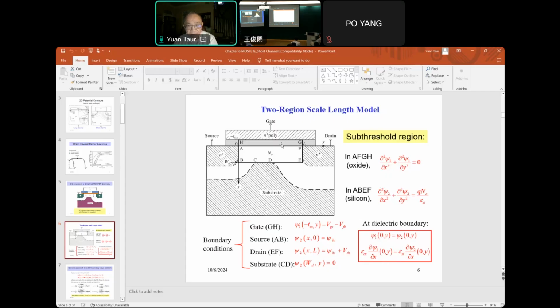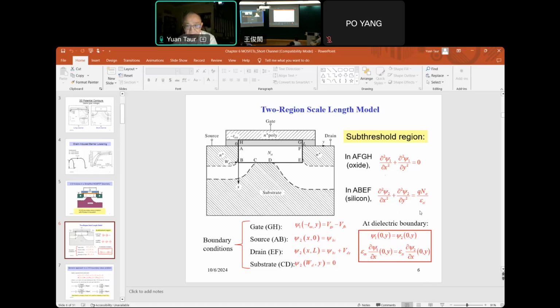The field in the perpendicular direction, as we covered in the basic 2D boundary conditions in chapter 2, means the displacement perpendicular to the interface is continuous. So the field in the oxide times the permittivity of oxide equals the field in silicon, psi 2, times the permittivity of silicon. These two couple the two equations together.